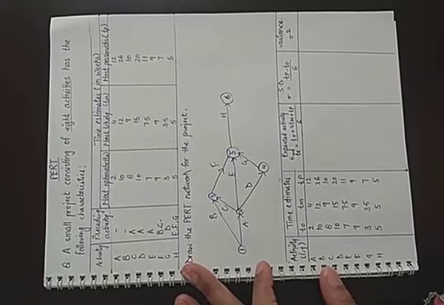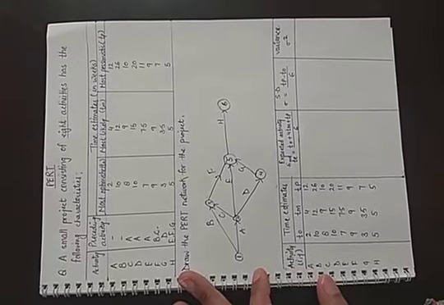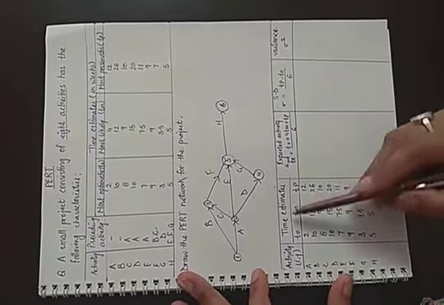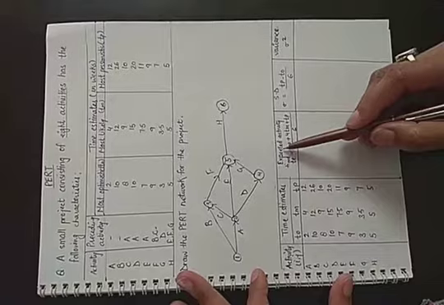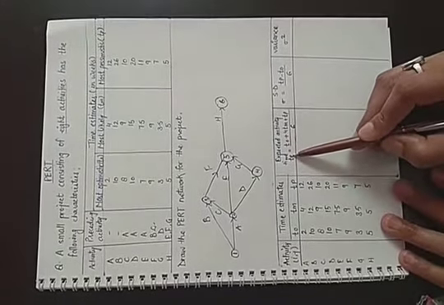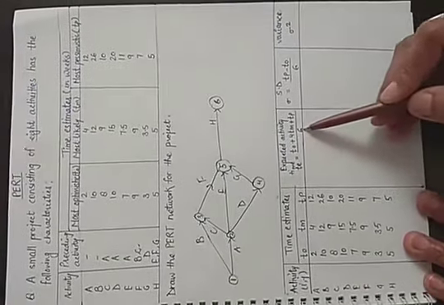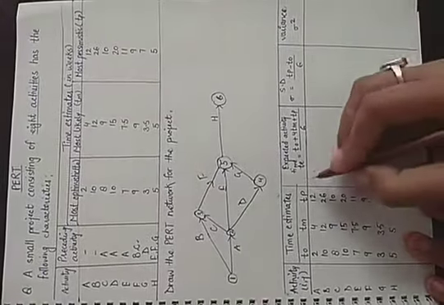All right. Now we have to find out the expected time. As activities and time estimates are given, we will find the expected activity time by the formula TE is equal to TO plus 4TM plus TP divided by 6. How?